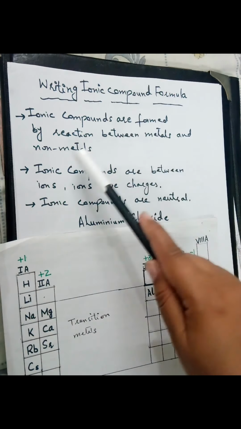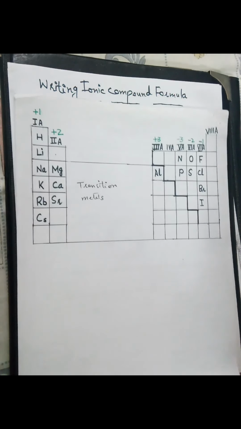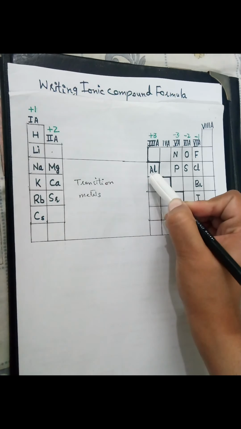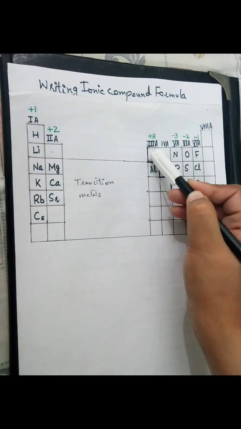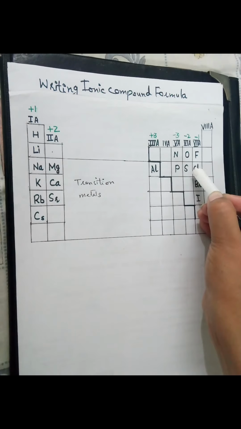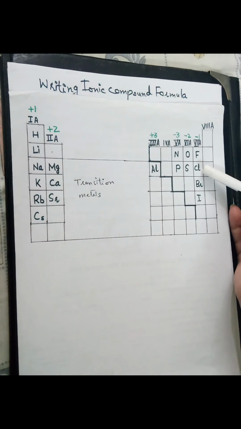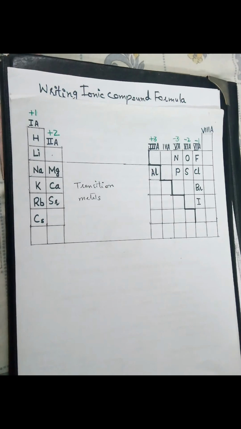So in case of aluminum chloride, aluminum is here in the 3A group and chlorine or chloride is in the seventh group. Aluminum is a metal and chlorine is a non-metal.